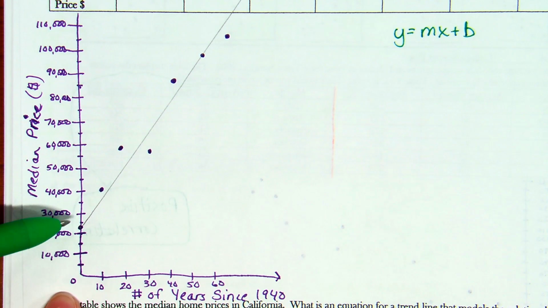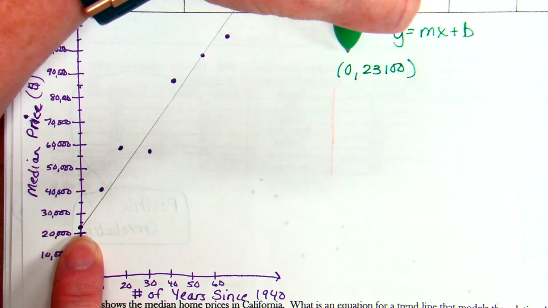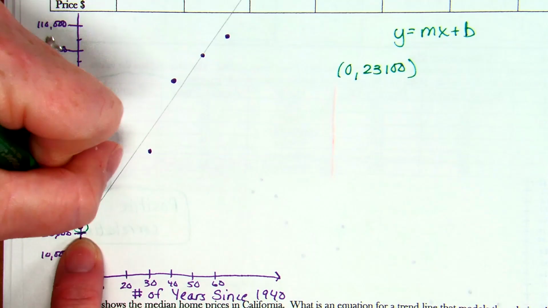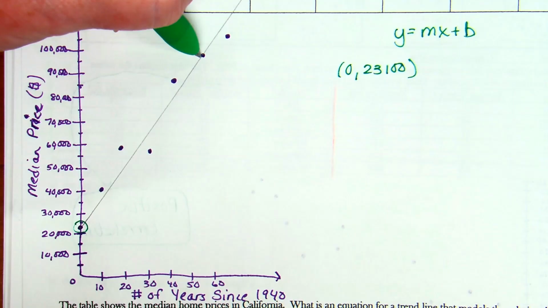That is one xy ordered pair, and it's perfect because it's already the y-intercept also. Now, for another dot, the way mine worked out, it went through this dot right here, which is the 50 and 98.5. Those are the 2 dots I'm going to use.